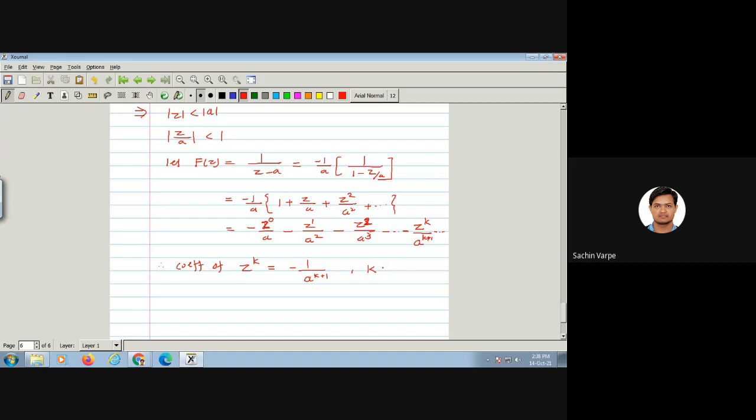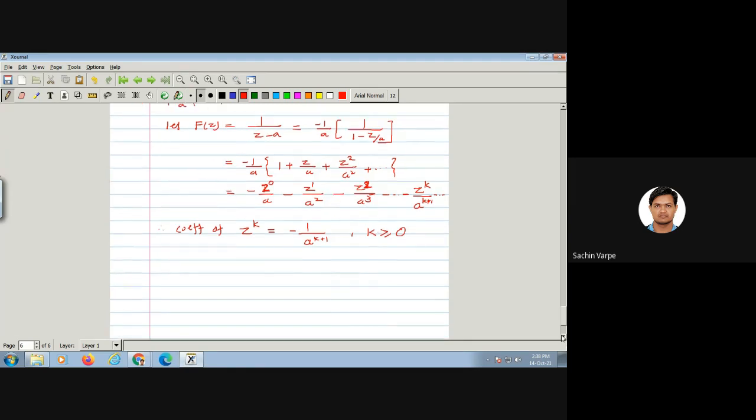K must vary from 0, k greater than or equal to 0. Because for k equal to 0, what will be the first coefficient? 1 upon A. For k equal to 1, the second coefficient is minus 1 upon A square, and so on. Am I right?